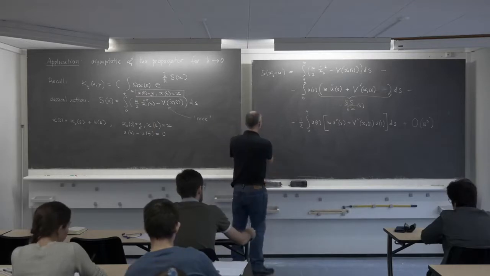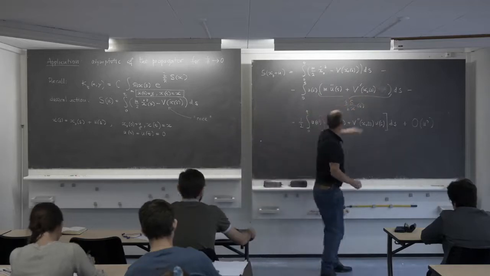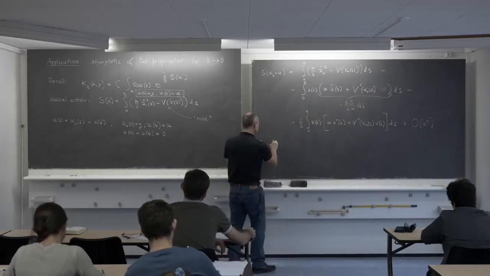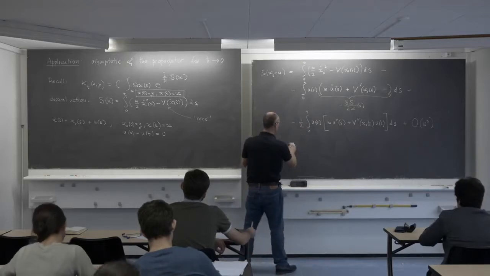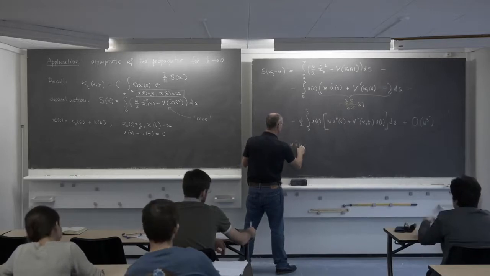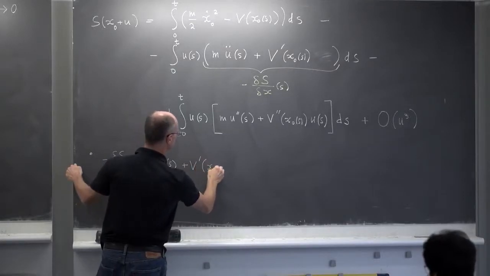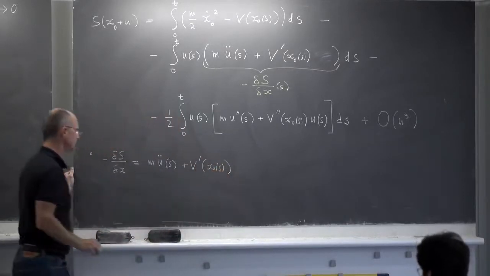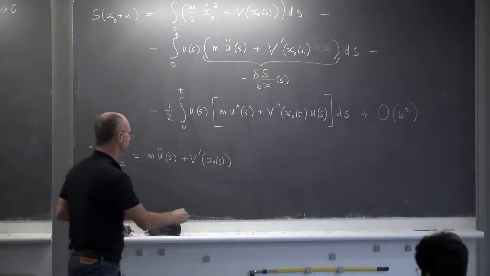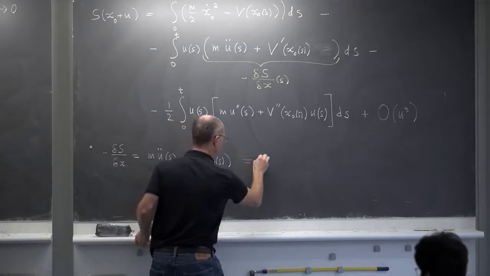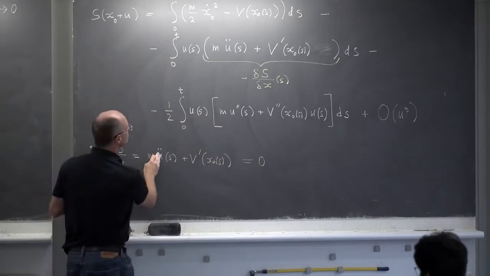So first of all, a little bit about terminology. So here this minus ds over dx, this coefficient in front of the linear term, m u double dot of s plus v prime of x naught of s. So the terminology is as follows. If x naught satisfies, sorry, what am I?